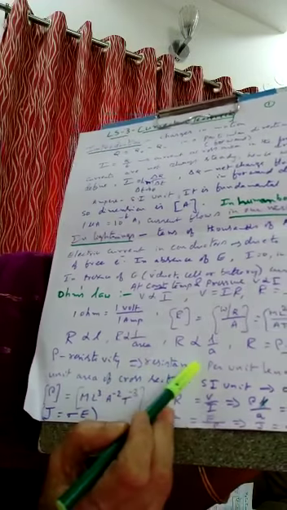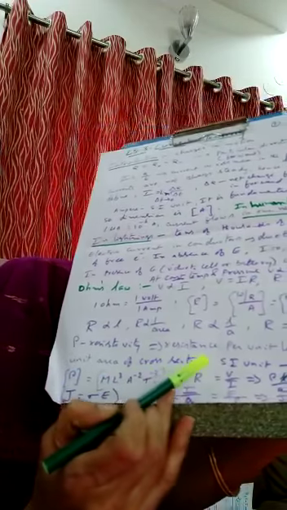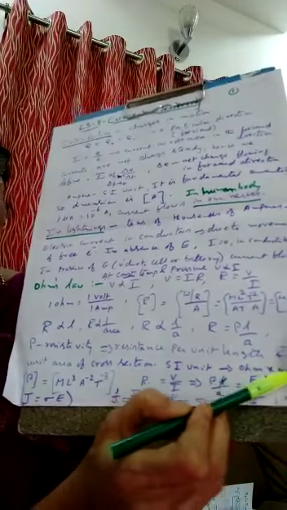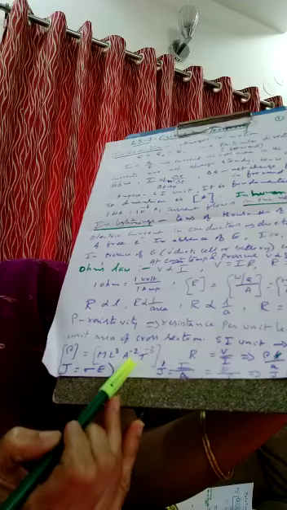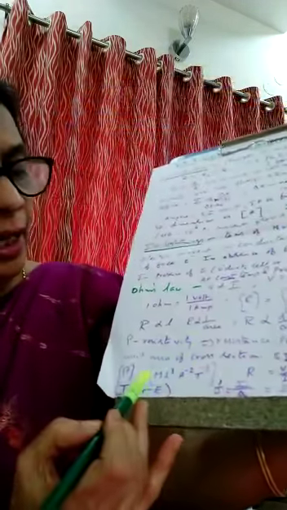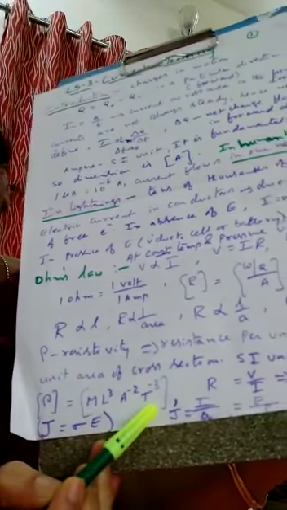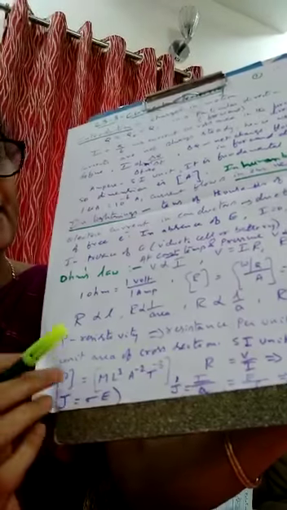Resistance per unit length, per unit area of cross section here. The SI unit is ohm meter. Dimensional formula for resistivity is M L raised to 3, A raised to minus 2, T raised to minus 3. This is the dimensional formula.